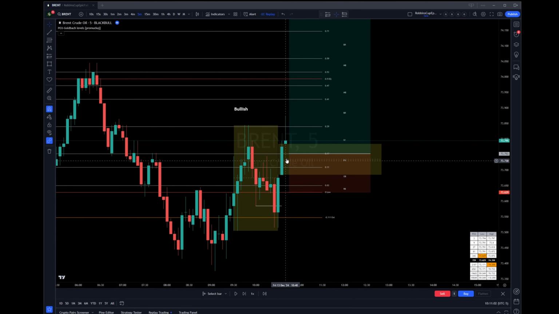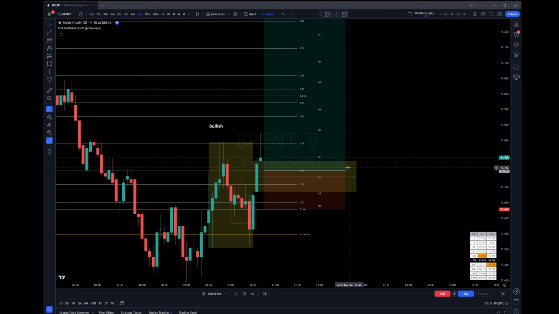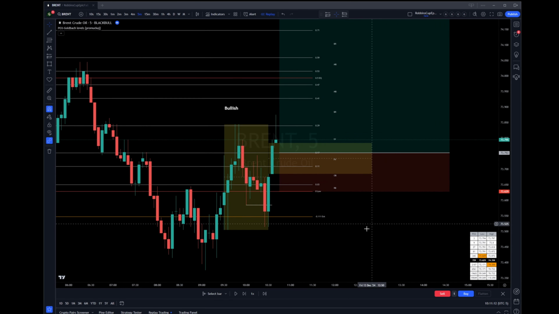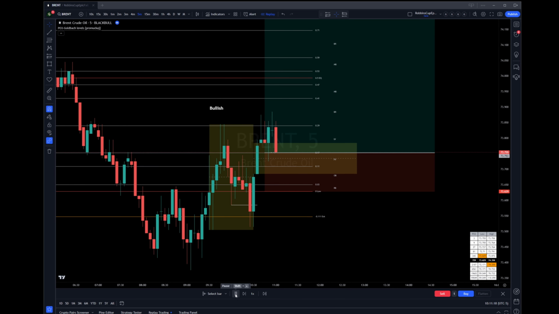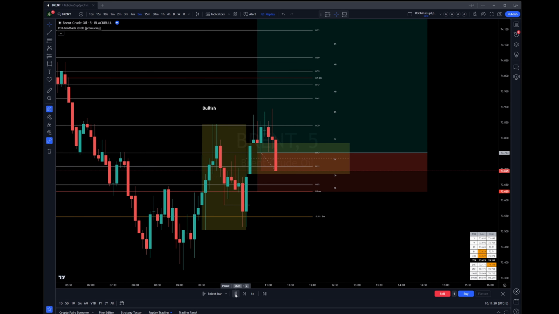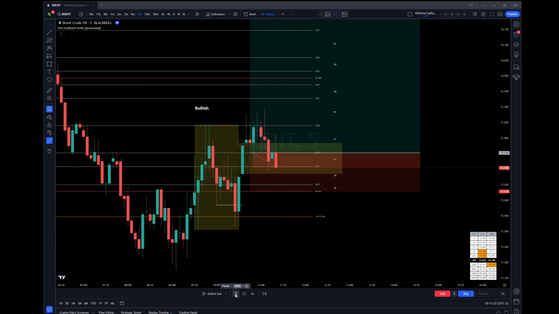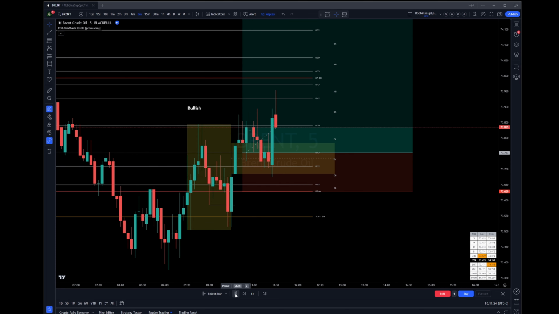Okay, so we have broken the initial balance. We are looking for an Algo 2 because the algorithm has given us a fair value gap in the dealing range. Not just that, we have made it to the breaker level. Let's run price through and see how this plays out. Tapped into the trade. Filling the fair value gap level.